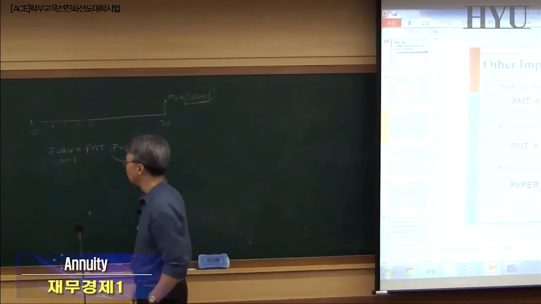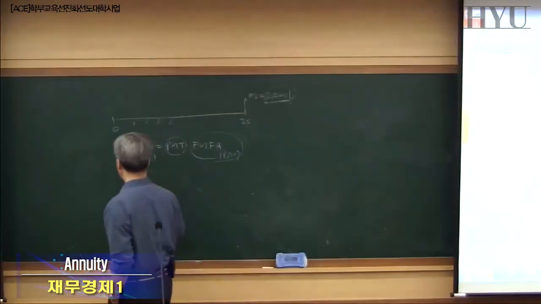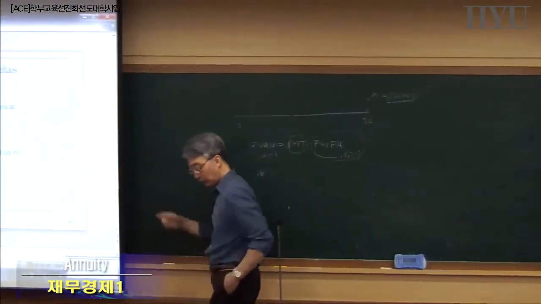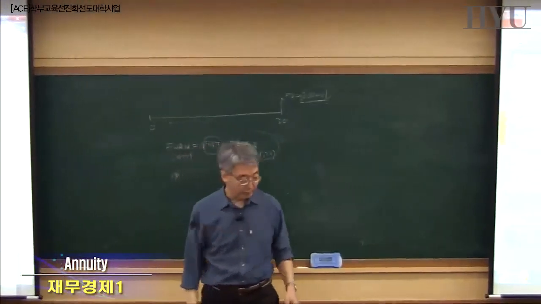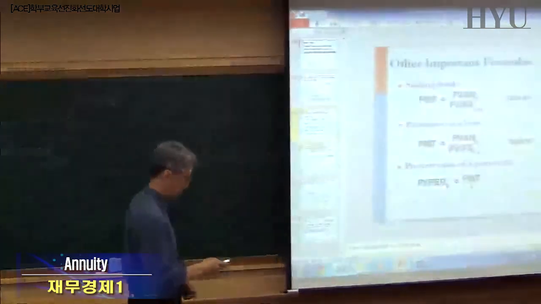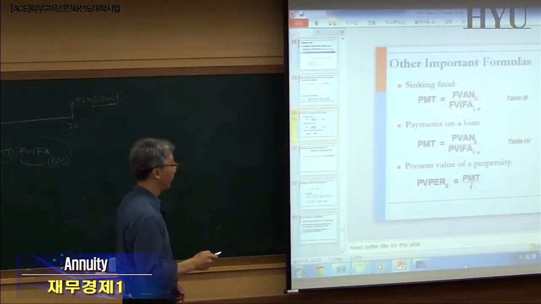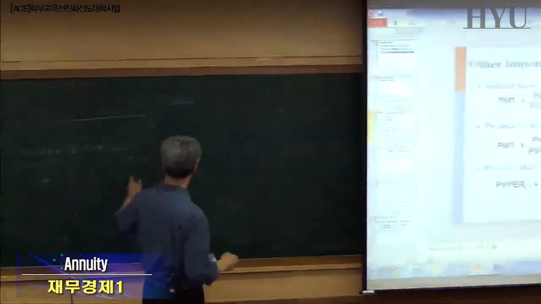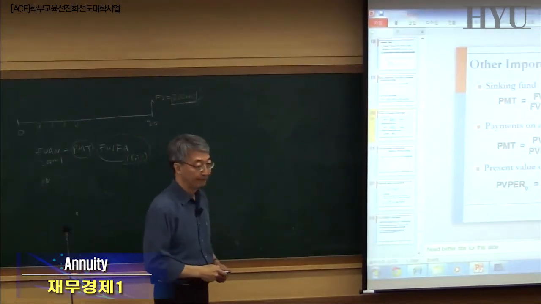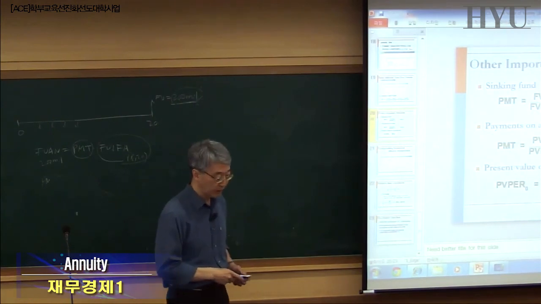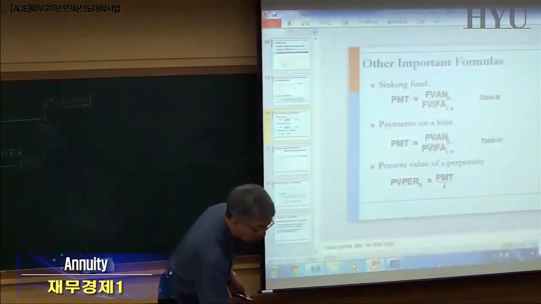So you can calculate the payment here. That's how this formula came around. Payment is the future value of the annuity divided by FVIFA, from this relationship. So this is the case where you know the future value and you're trying to find out the payment. And you can think of many similar examples.